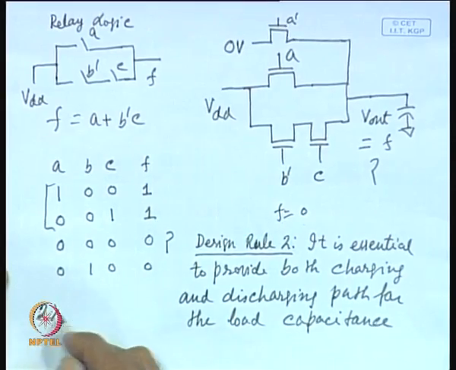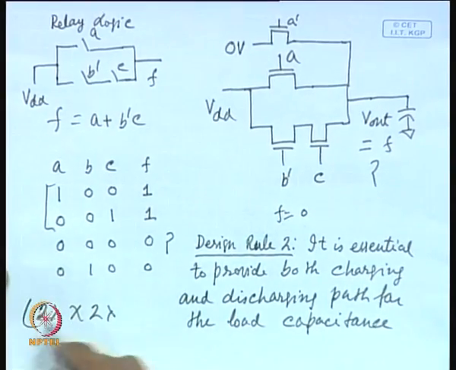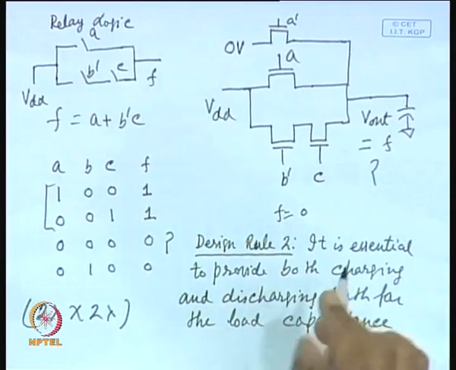What is the impact of this? The impact is, you can realize circuits with transistors of minimum dimension. That means 2 lambda by 2 lambda, lambda is the minimum feature size for a particular process technology. You can realize circuits by using transistors of minimum dimension, that means 2 lambda by 2 lambda, both for NMOS and PMOS transistors if you require.